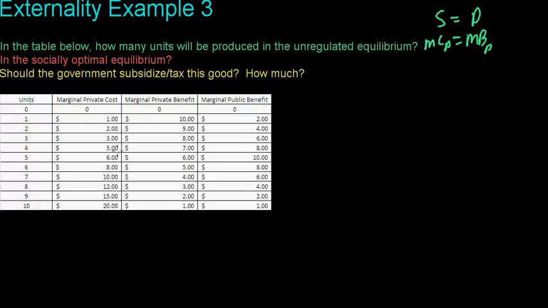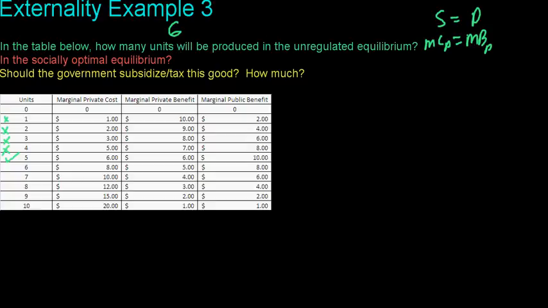It's not equal at 1 unit, so we'll put a little x right here because 1 is less than 10. It's not equal at 2 units because 2 is less than 9. Not equal at 3 units, 3 is less than 8, not at 4 units, but at 5 units it is, because 6 is equal to 6. So 6 units will be produced in the unregulated equilibrium.